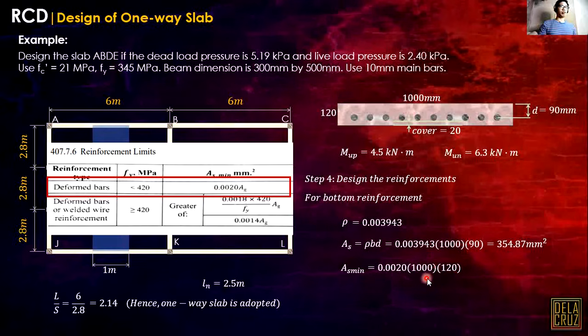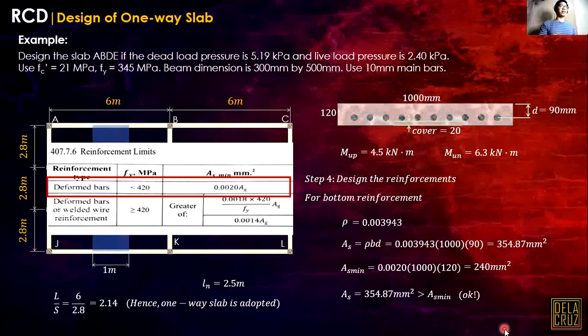Dito is 1,000 times 120. Dito tayo magkakatalo. Okay? So, ito yung AS minimum natin. Now, yung AS natin did not go lower to the AS minimum. That means that is okay. Pasok tayo sa code. If bumaba siya, again, dapat AS minimum yung gagamitin natin.